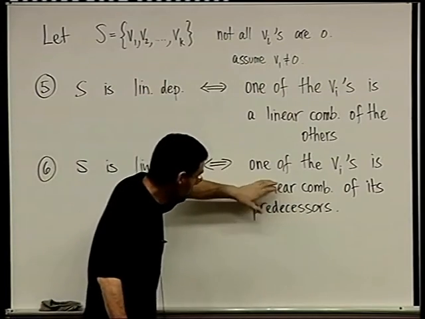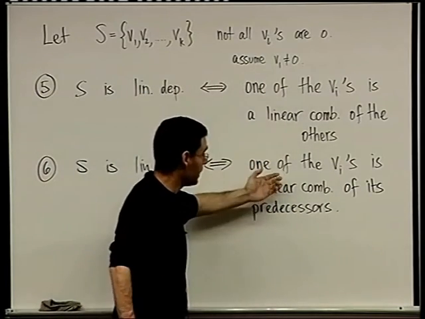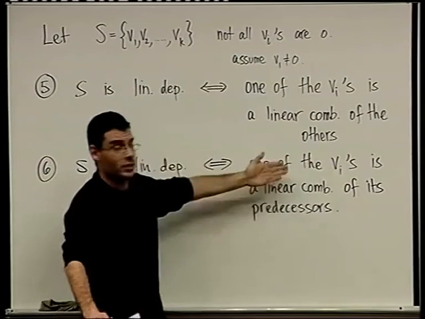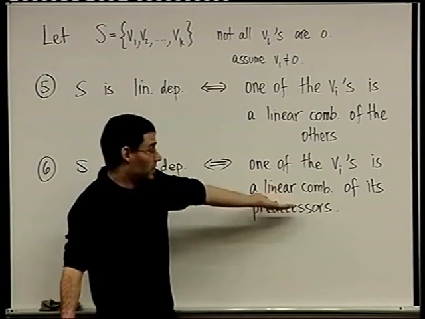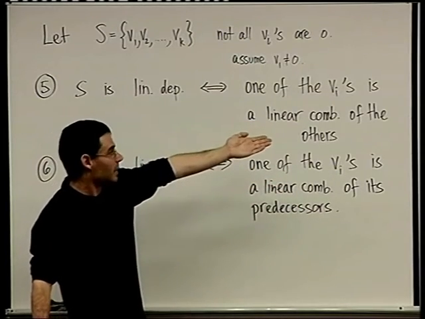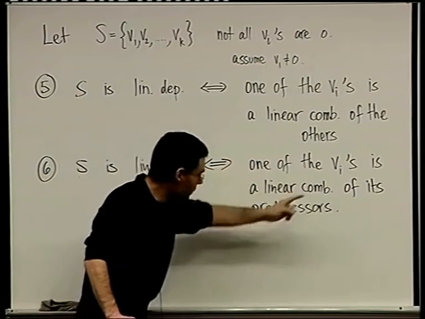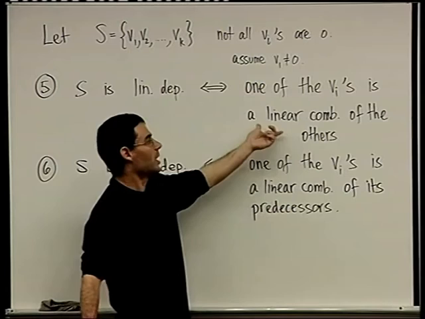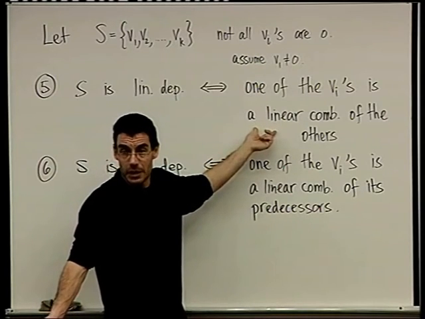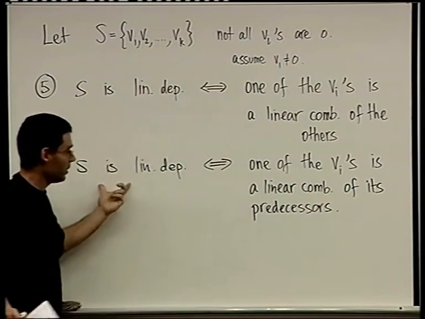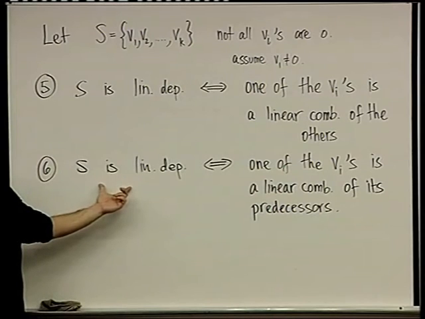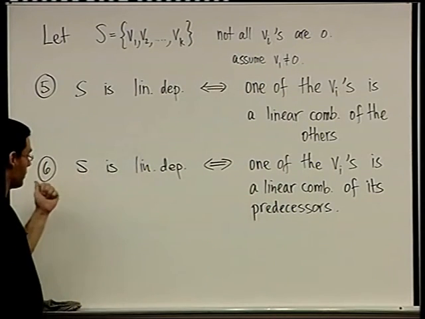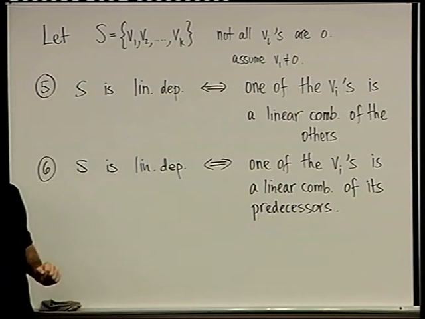Here we wrote not just any linear combination, but a more restricted linear combination. But it's still going to imply, by the same exact reason, if one of the VI's is a linear combination of its predecessors, then obviously it's a linear combination of the others, right? And therefore, the set is linearly dependent. Do you agree? So this direction of 6 follows from this direction of 5.